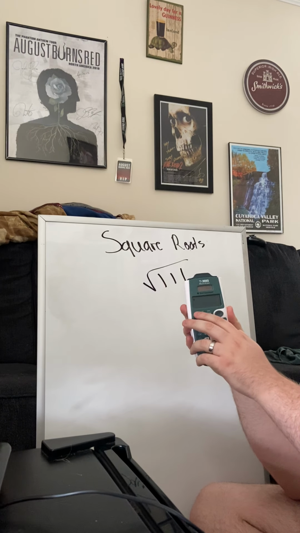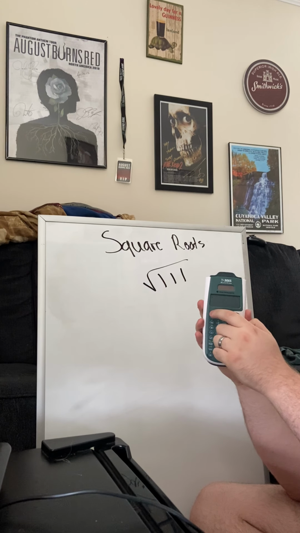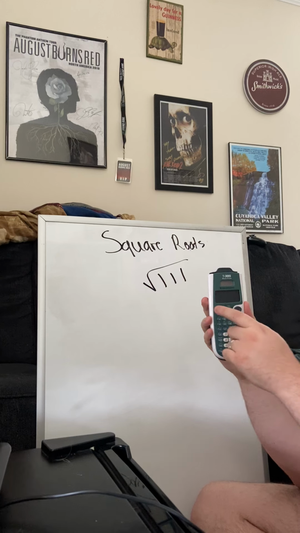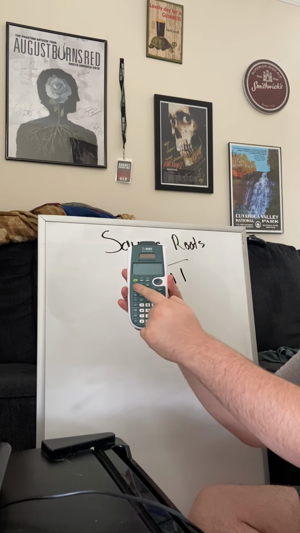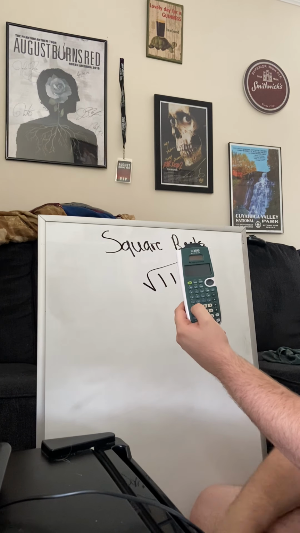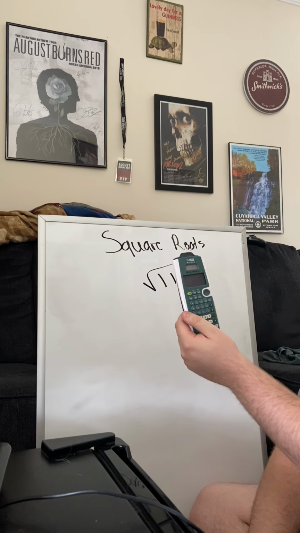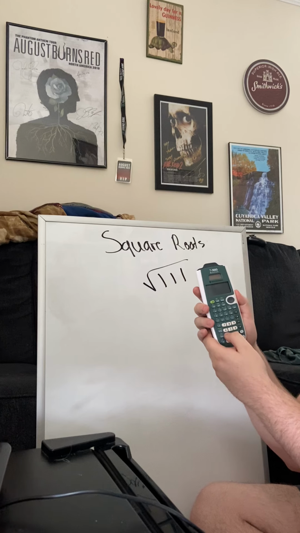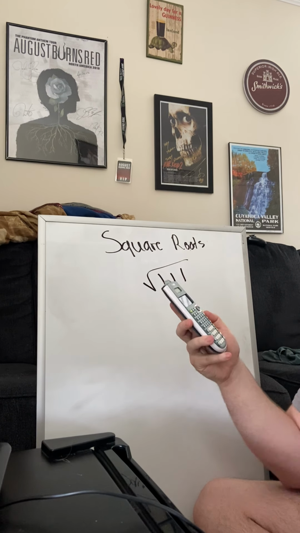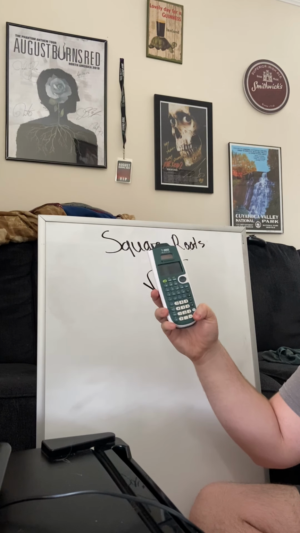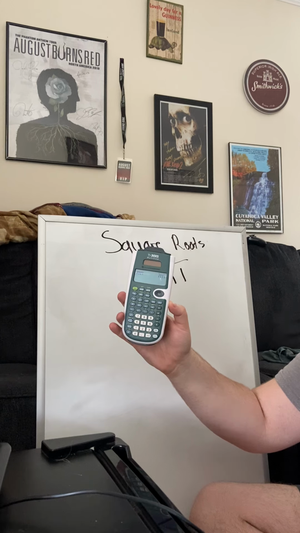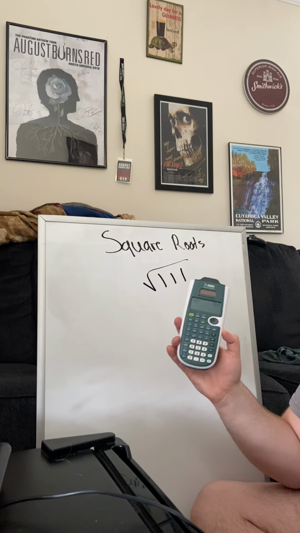I'm going to press the second button, that green button, right? I pressed it. And then, you see in the first column here, I touch the green square root sign. I press that, and then I type in the number 111. After I do that, I press enter. Now, it's just going to give me the square root of 111 again because it's not a perfect square root.